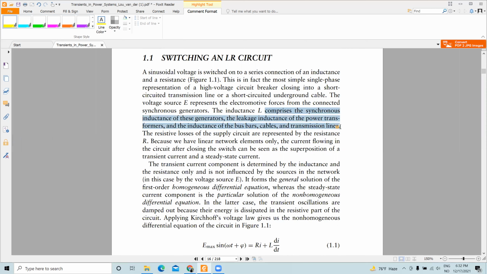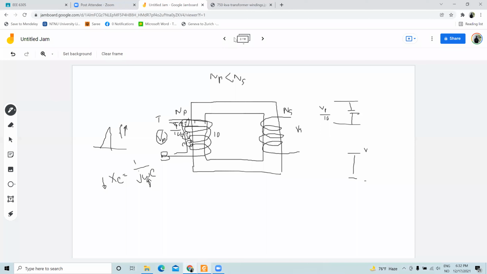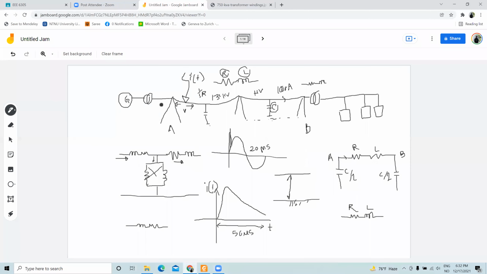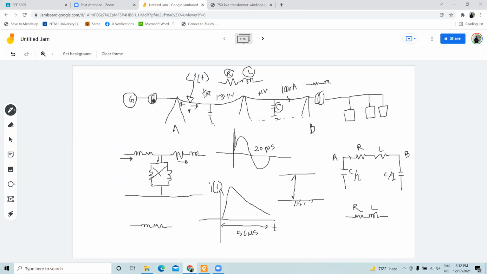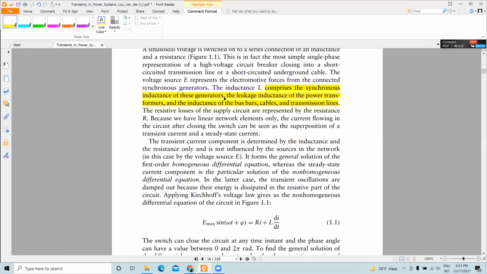As I mentioned previously, the reactance from the generators, the transformer, and the line basically represents this L. It comprises the inductance of the generator, leakage inductance from the transformer, and inductance from the bus bar, cables, and transmission line.